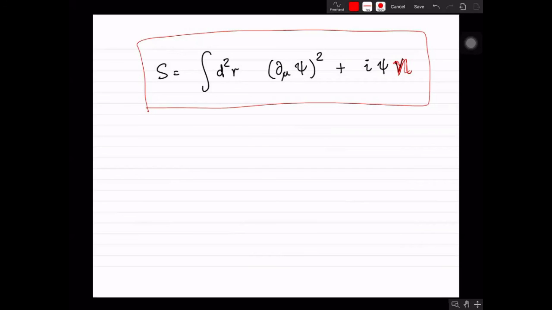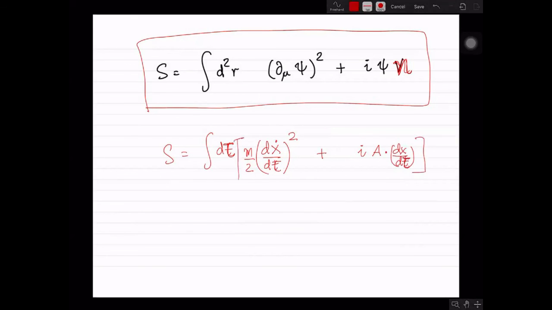And now, just to make things clear, we had an action for a magnetic particle in a magnetic field which looked like this: m by 2 plus i A dot dx dt, d tau. Remember, this is one of the things that we calculated on the first day.